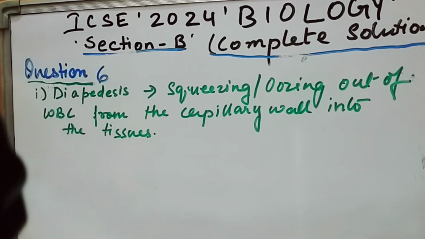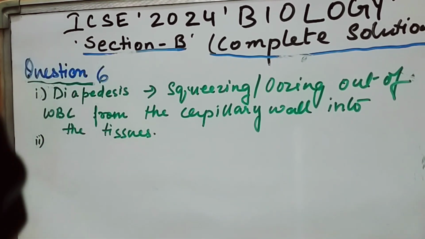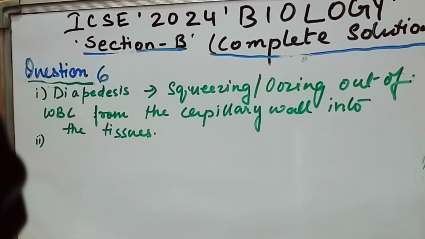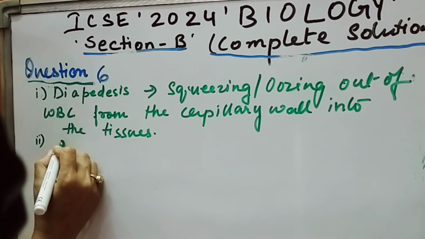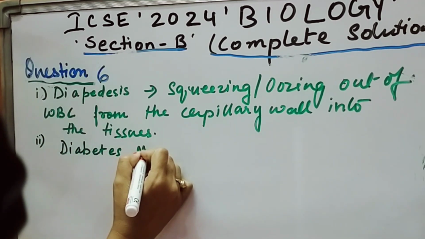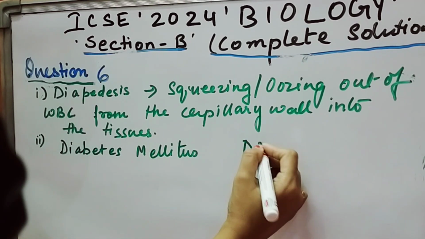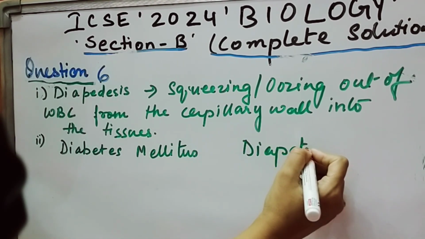The second question is distinguish between diabetes mellitus and diabetes insipidus in concern with the endocrine gland.